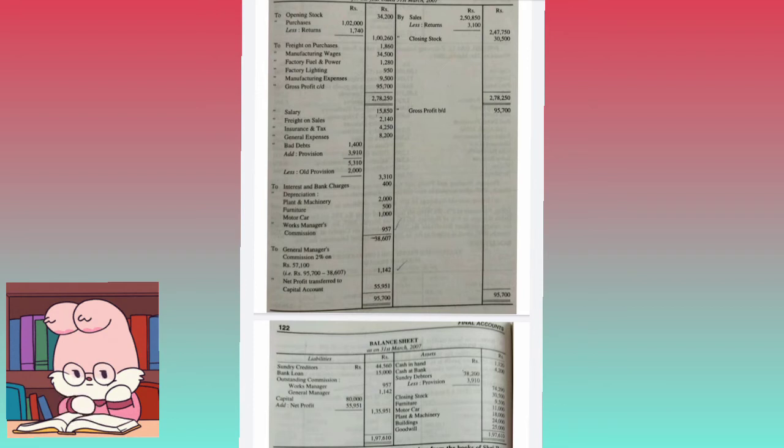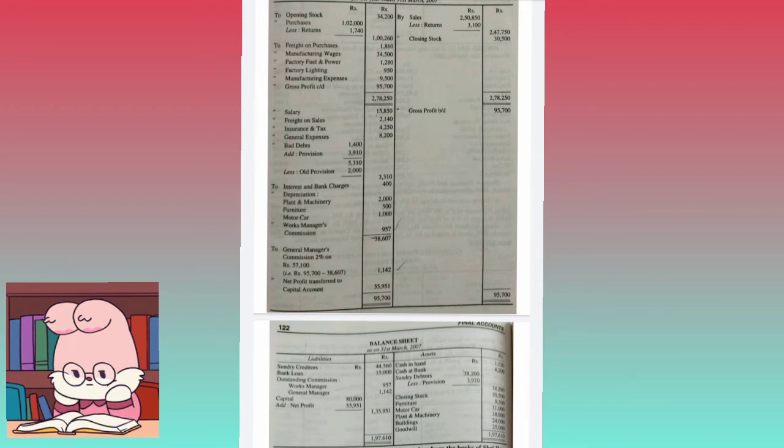So now, after debiting the works manager's commission to the debit side of the P&L account, calculate the net profit, that is 95,700 minus salaries 15,850. 95,700 minus salaries 15,850 minus freight on sales 2140 minus insurance and tax 4250 minus general expenses 8,200 minus bad debts, that is 1,400, minus provision for bad debts, that is 3,190.